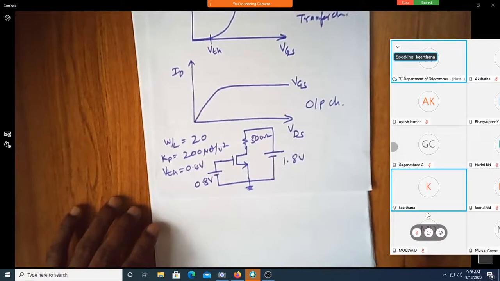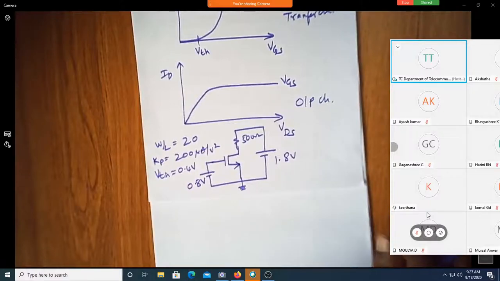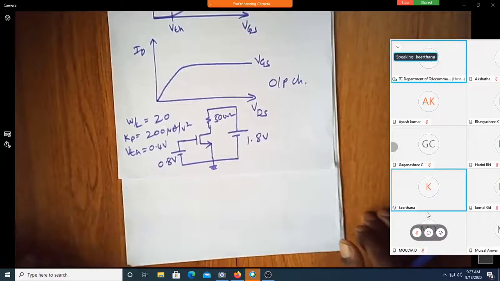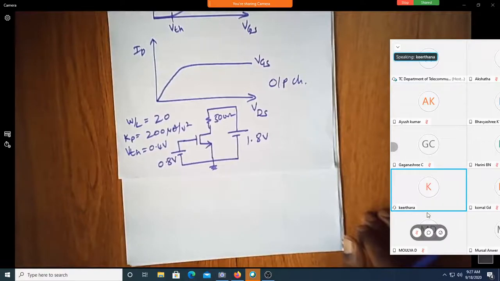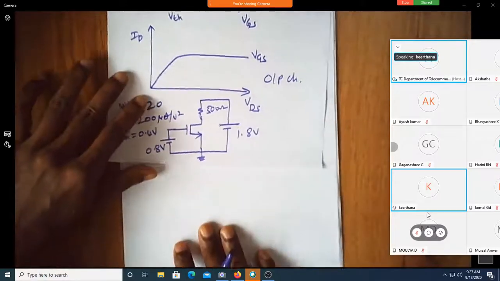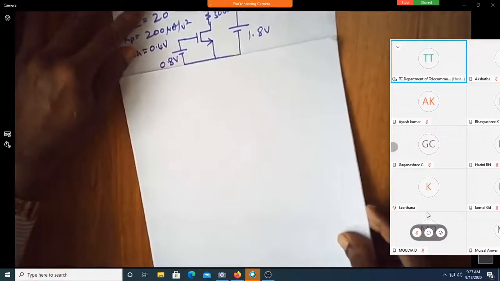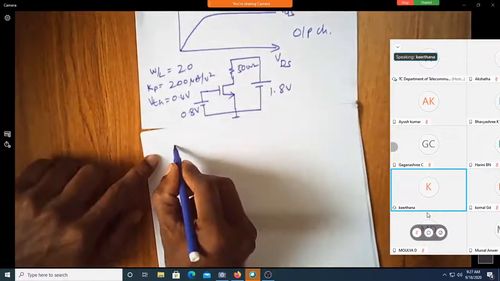With these, can somebody say what is the region of operation of this MOSFET? Is the MOSFET on first? Yes. How do you say the MOSFET is on? VGS is greater than VTH. Perfect. Is the MOSFET in saturation? Can we verify that? How do we verify? VDS is greater than VDS sat. How much is VDS now? For that, I should find out what is ID.